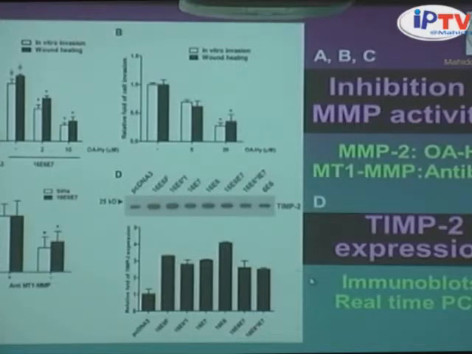It's not so surprising to see this, because some of the cell lines also show elevated levels of TIMP2 in the invasive stage of cervical cancer cells too.